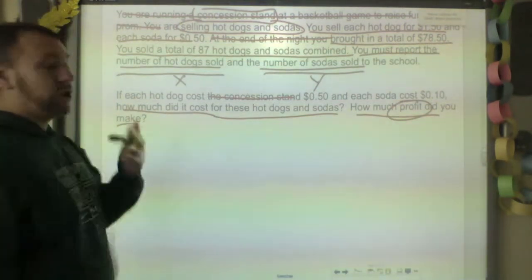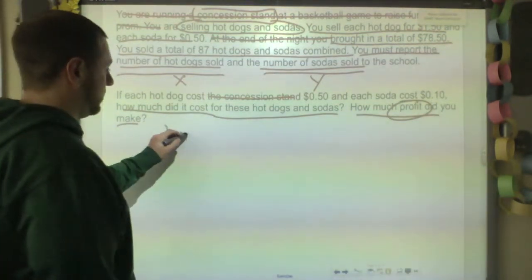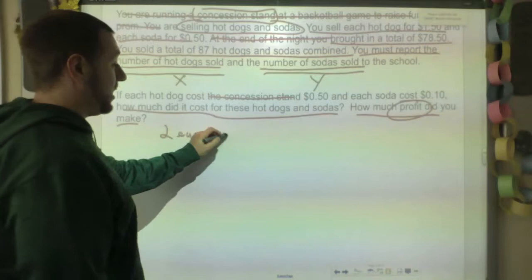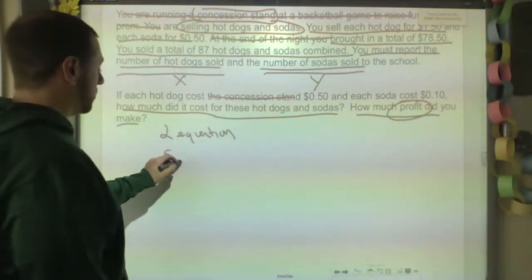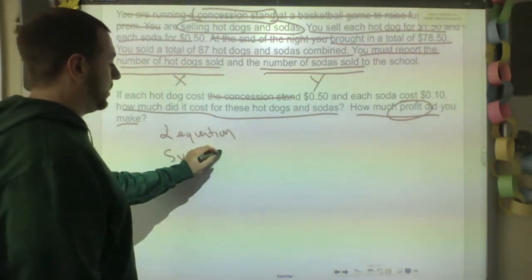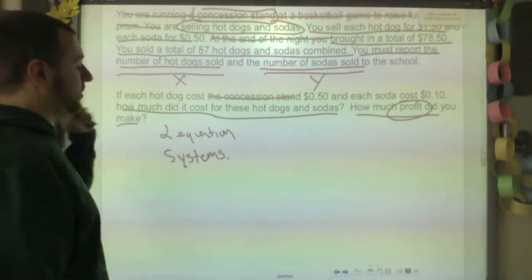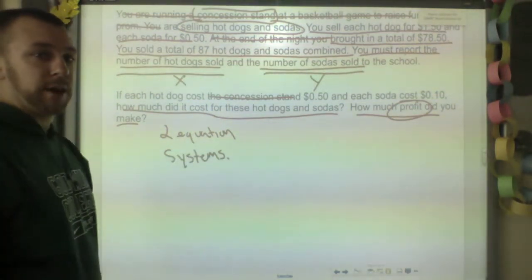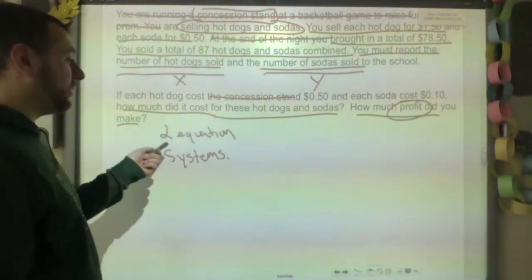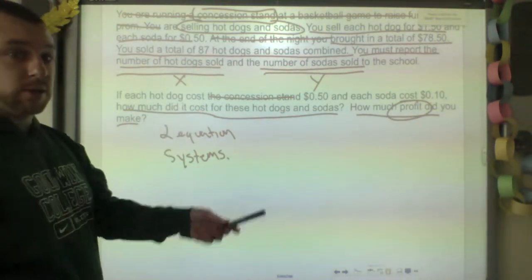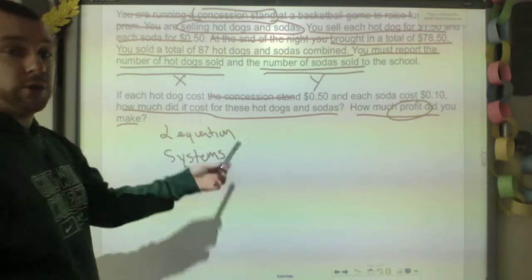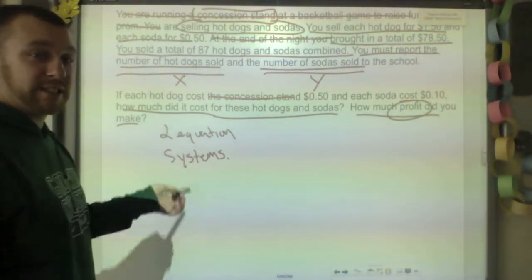If we need two equations, then it is a systems problem. Every time we're looking for two variables, it's a systems problem. So once we identify the variables and set up two equations, then it's solving systems.